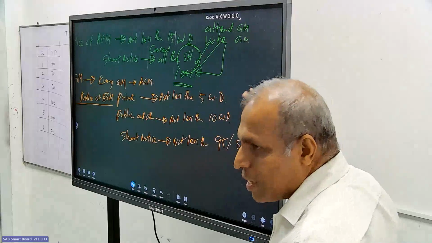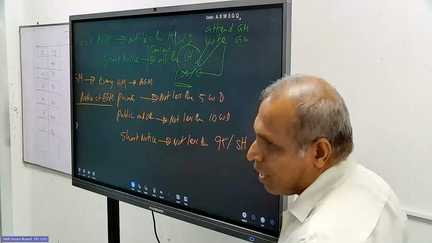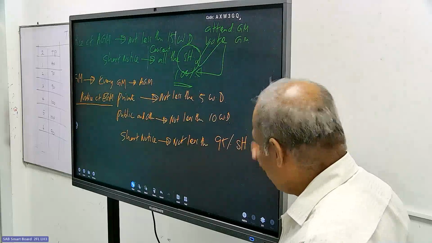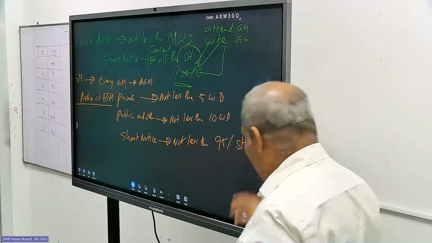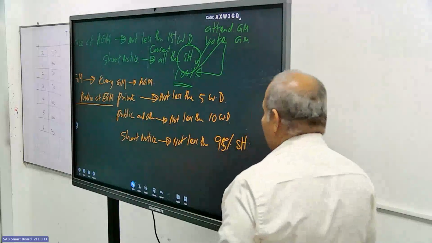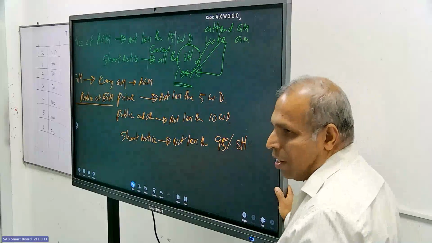With regard to the AGM, annual general meeting, all the shareholders must give their consent. But here, not less than 95% of shareholders, not all.